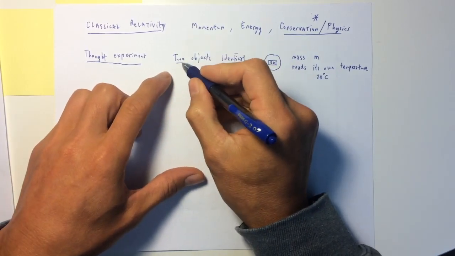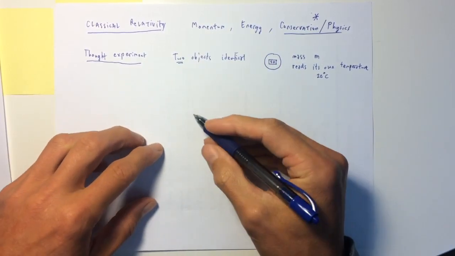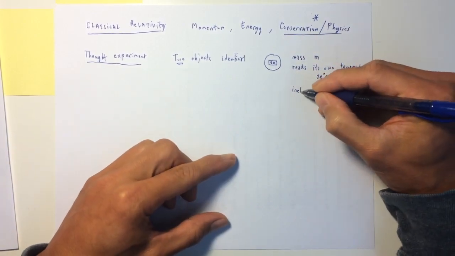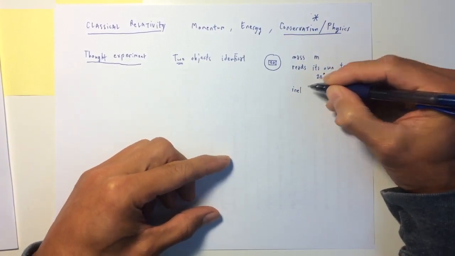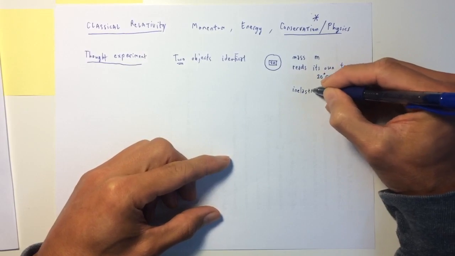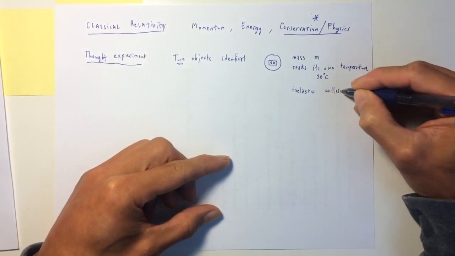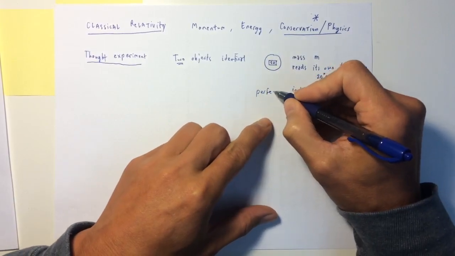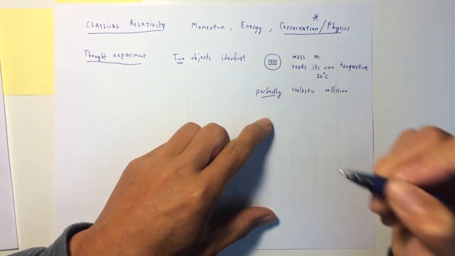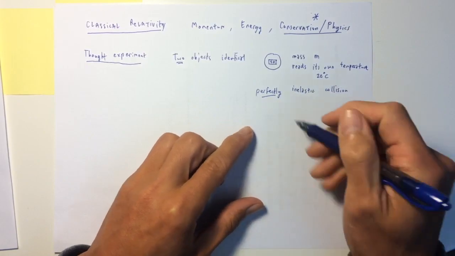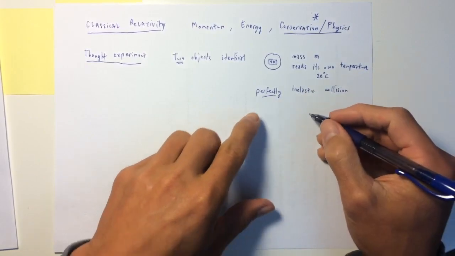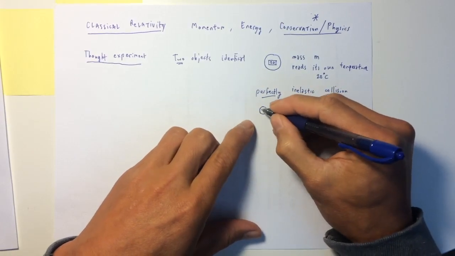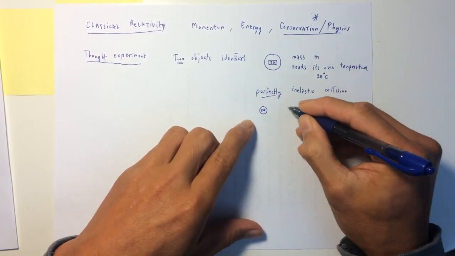We're going to have two of them, and they're going to have what's called an inelastic collision, but it's perfectly inelastic. Perfectly inelastic collisions are quite special. You may start off with two of these objects that are completely separate.